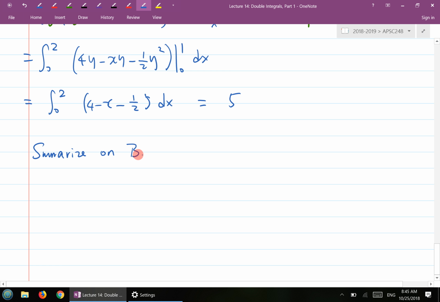So let's call it: how do I find limits based on the bounded, non-rectangular region R? So, a more general region R.